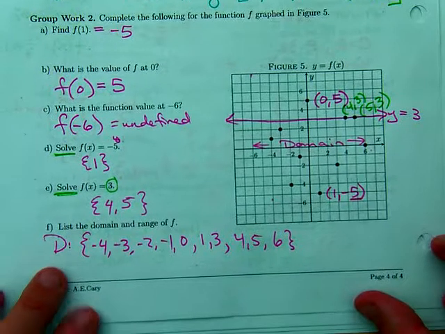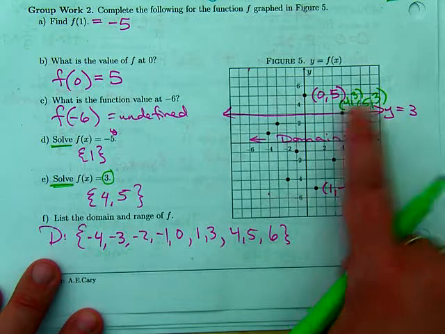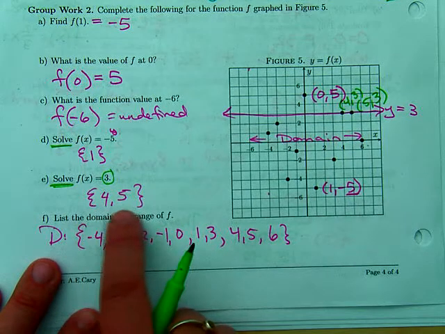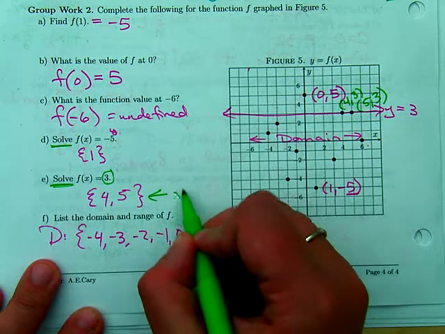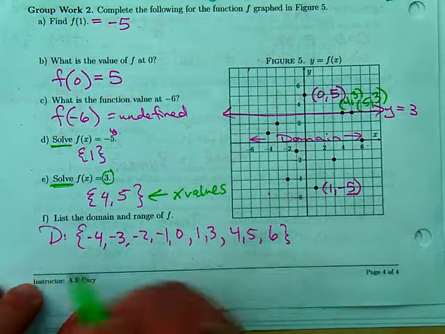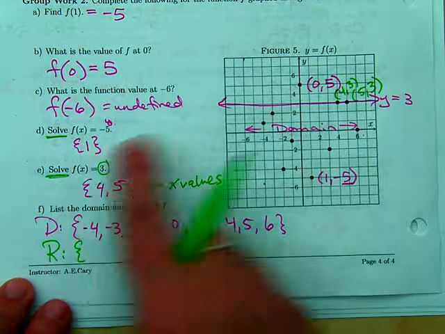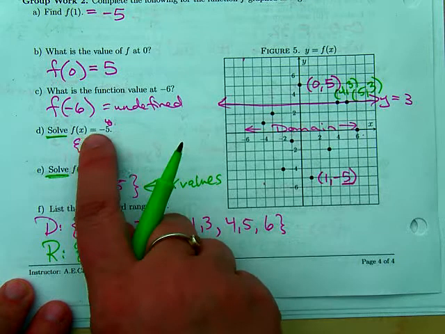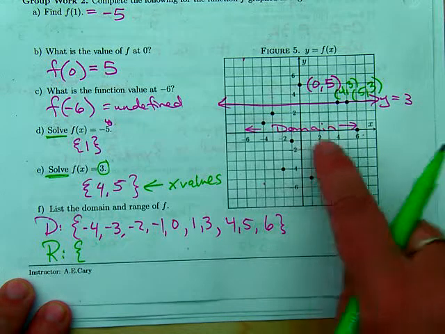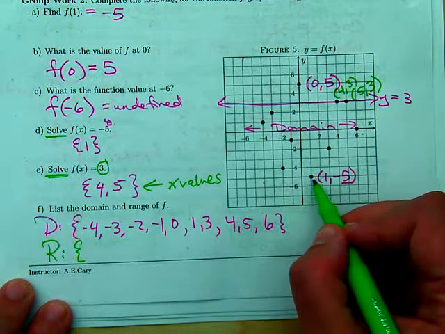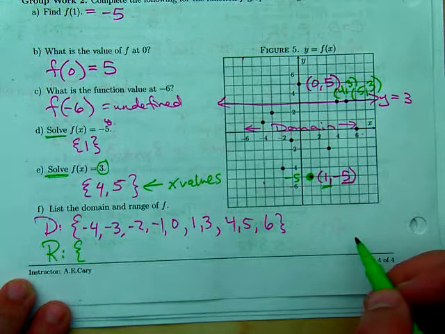Since both x values correspond to that y value, the solutions are 4 and 5, because we're looking for x values. For D, same thing. We're looking for the x value that corresponds with the y value -5. So if I go to y is -5 down here, the x value is 1.